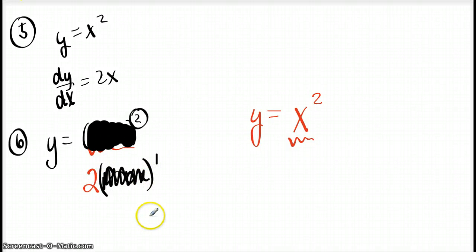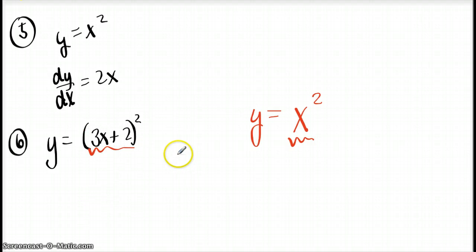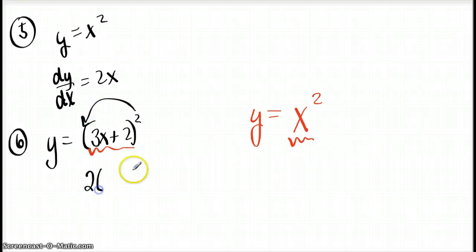I don't have to write the 1, but I have to multiply it to whatever's in that black thing. Now, how am I going to erase that? I didn't think that through, did I? All right, so the 2 comes to the front. This goes to 1. I leave the inside the same the first time, and then I come outside and multiply it by its derivative.